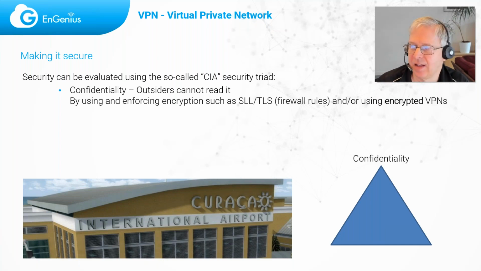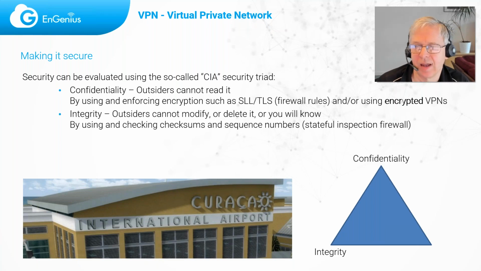So it's like being in an envelope. By using and enforcing encryption, SSL, TLS, etc., and/or using encrypted VPNs, you can make this happen. The other thing is integrity, and that is that outsiders cannot modify or delete your packets, or if they do, that you at least will be aware that it is happening.